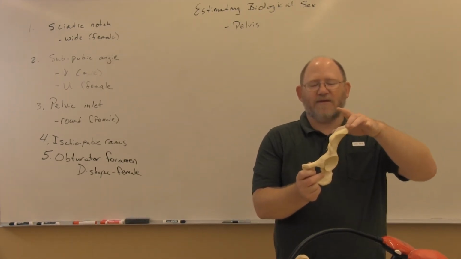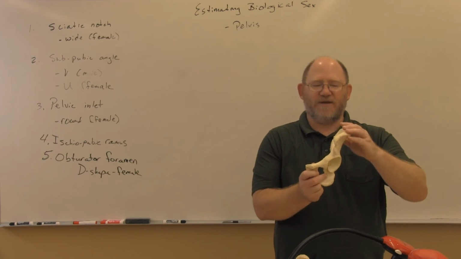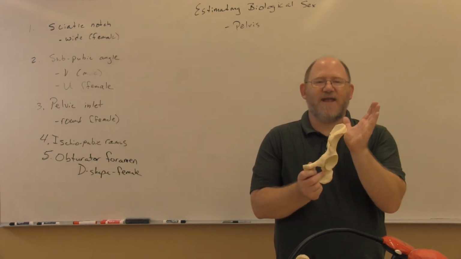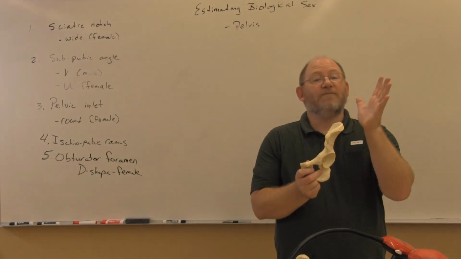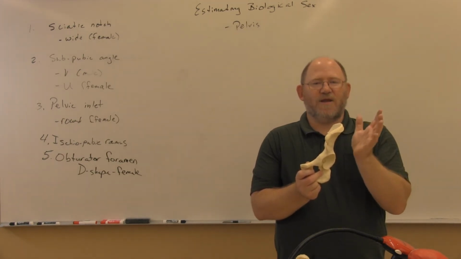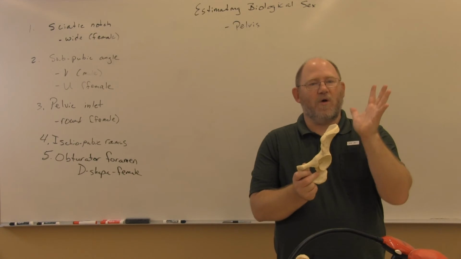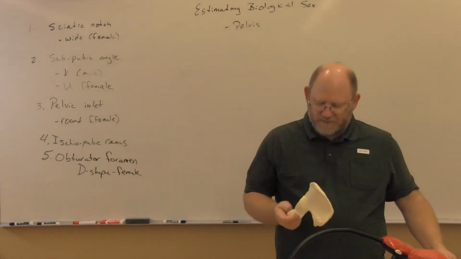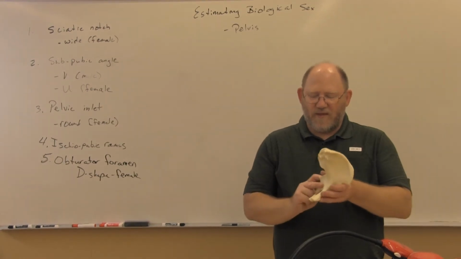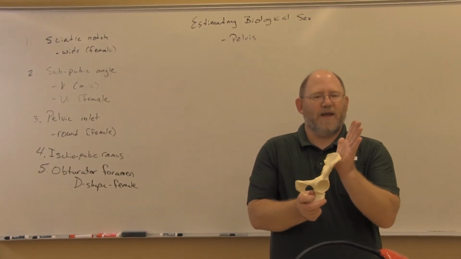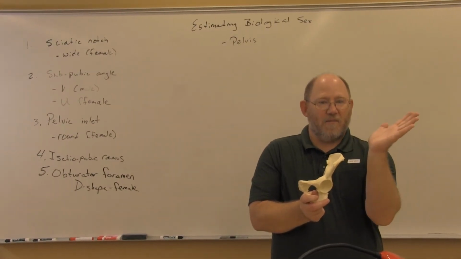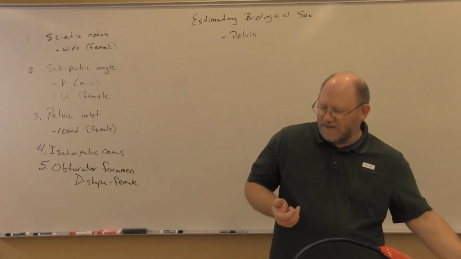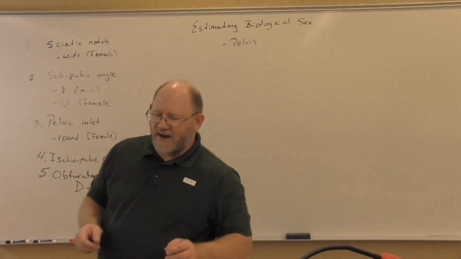At the top part of the pelvis, in males, the iliac crest tends to be more vertical, going more upward. And in general, in females, the iliac crest is going a little bit away, or receding sometimes is the phrase that's used.